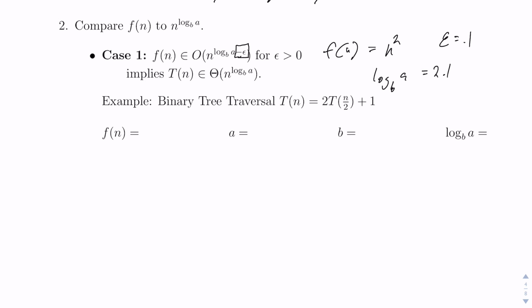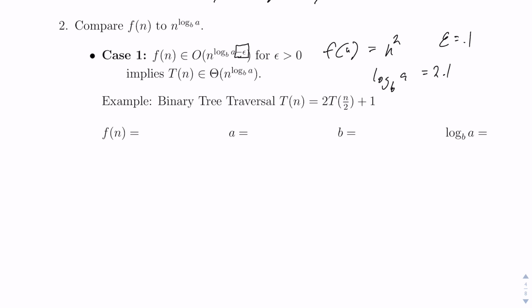If we take n to the log base b of a, n to the 2.1, and we subtract epsilon from 2.1, and set epsilon to 0.1, then we would get 2. And n squared is big O of n to the 2. So this is an example of that case. Questions about that?